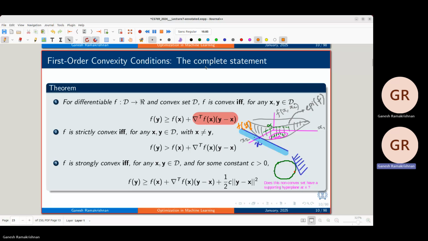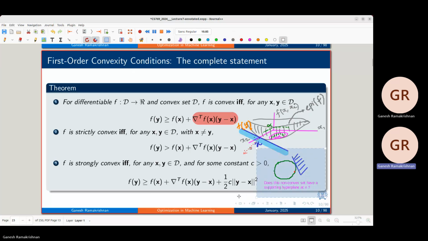So this part in red, along with the -1, it's a normal to this supporting hyperplane. You see the -1 because it's pointing downwards. But more about this again. We'll keep revisiting this observation.